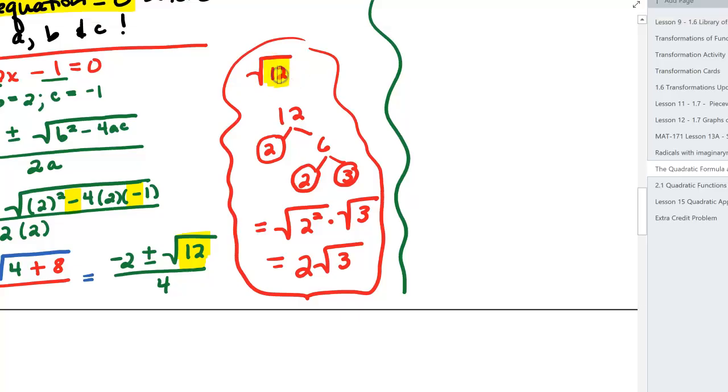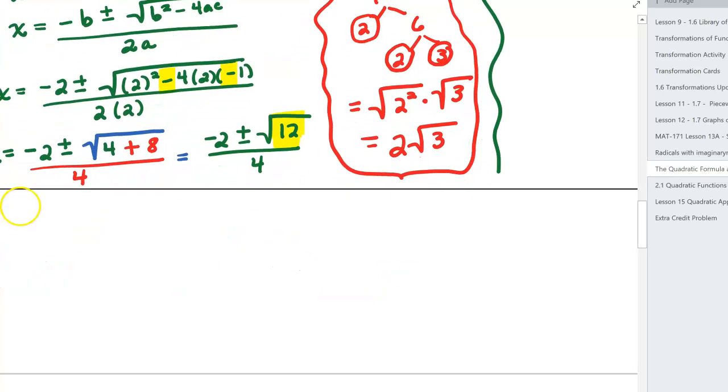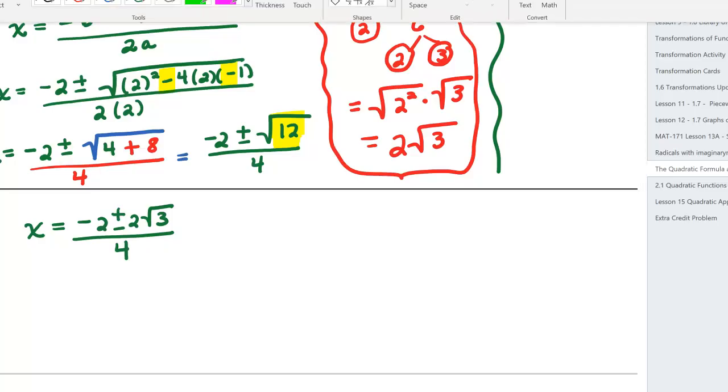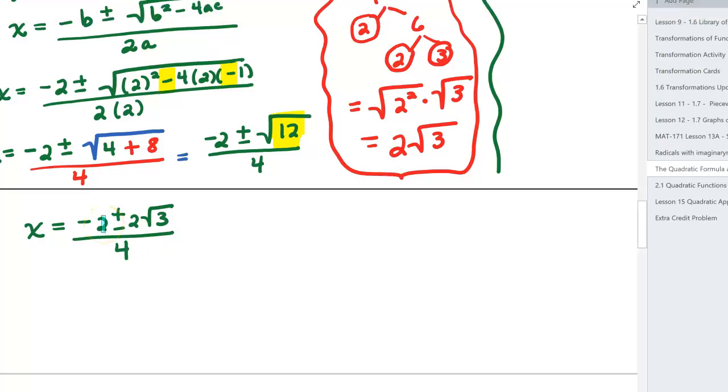So now we can put that back into our fraction. So we're going to have x is equal to negative 2 plus or minus 2 times the square root of 3 all over 4. So now that my radical's simplified, I can think about simplifying my fraction. And remember, for a fraction to be able to be simplified, you have to be able to divide the number into this, the number in front of the radical, and that.